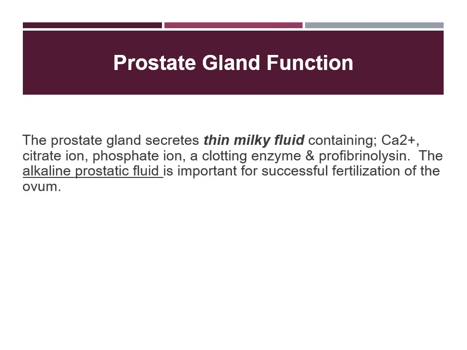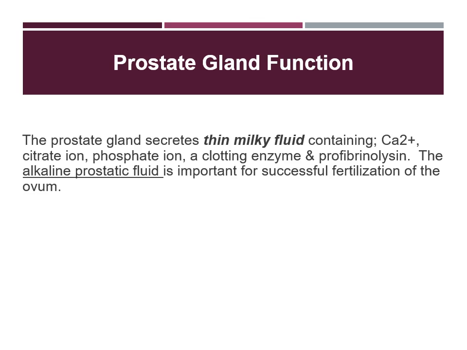Now, the prostate gland also has secretions that are characterized by being thin, milky, and alkaline in pH. They contain calcium and citrate as well as phosphate ions. Also, it contains clotting enzymes and profibrinolysin, which is a fibrinolysis enzyme.